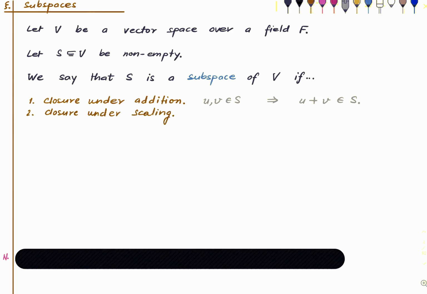So this reads, whenever you pick alpha in the base field and you pick anything in S, you find that the scaled version is also in S. So if these two properties are satisfied, we say that S is a subspace of V. And clearly now one can see that if you have a line passing through the origin in R2, then this is a subspace.